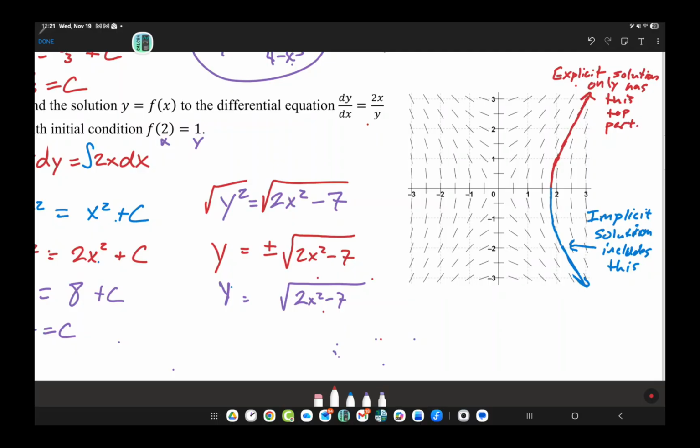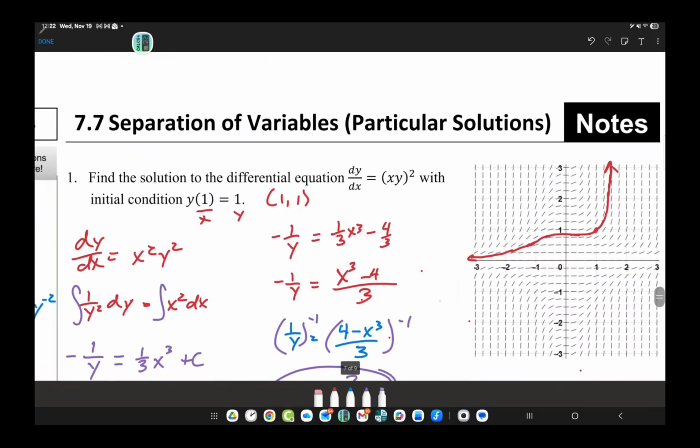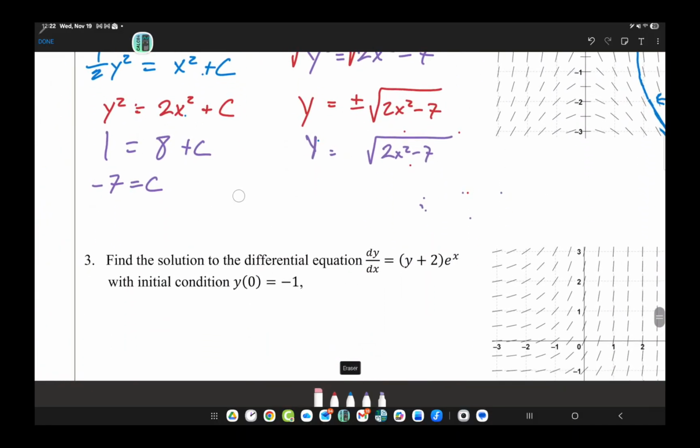So the explicit solution only has the top part. The implicit solution would have both, because the implicit solution is a hyperbola. I believe so, yeah. So I think we're primarily focused on the explicit solving for y. But it basically tells you to solve for y.